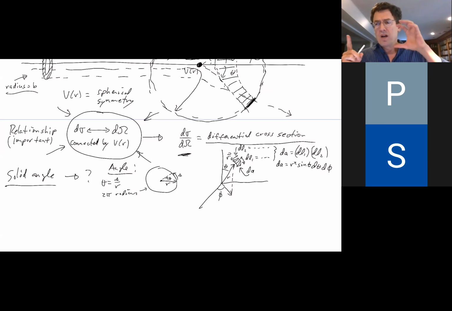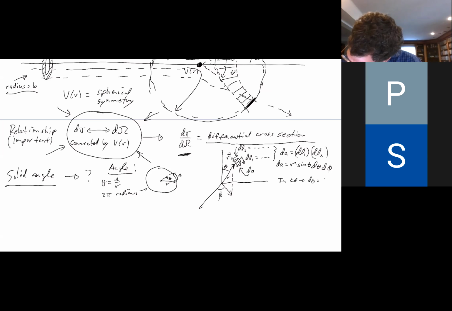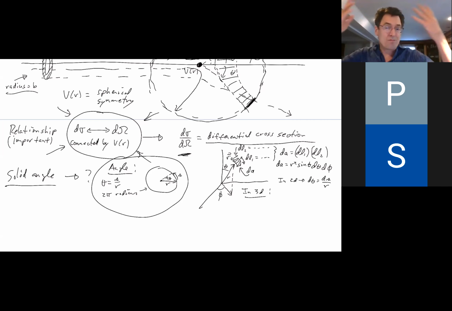In 2D, we have d theta equals ds over r, right? That's what we did here. But now in 3D, we can define this new 3-dimensional angle, which for lack of a better word, we'll call solid angle, and we'll call this d omega.